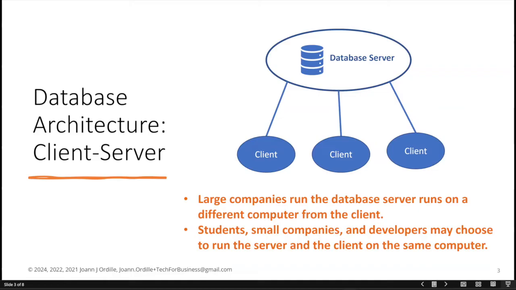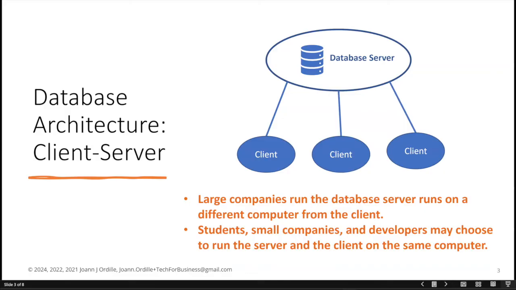So a very common way to use this database server in this picture is for a user to enter a question to a client. The client then forwards that question across the network to the database server. The database server looks through the data and finds the answer to the question, and then returns that answer to the client.